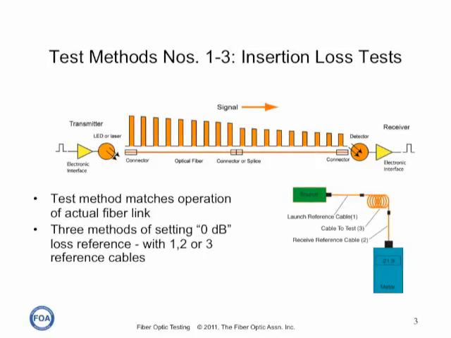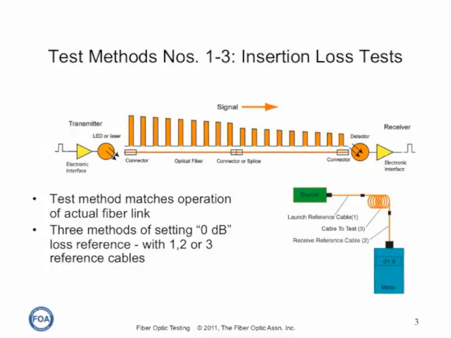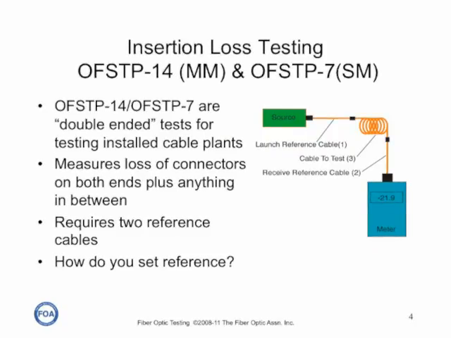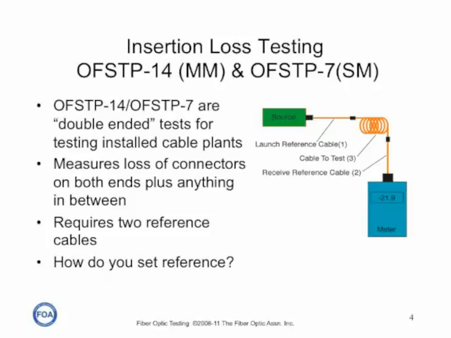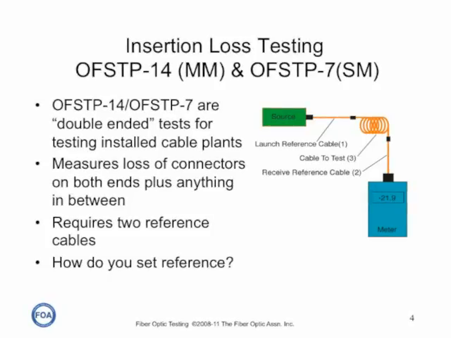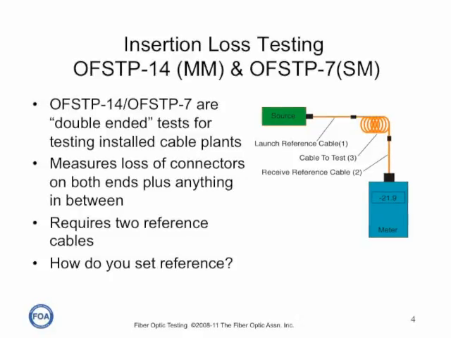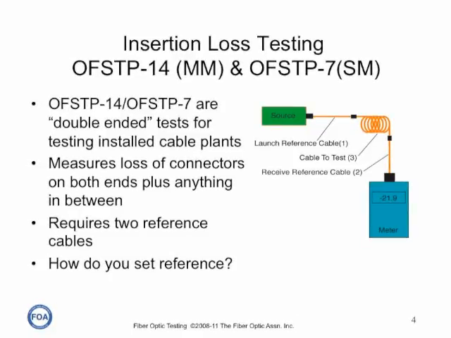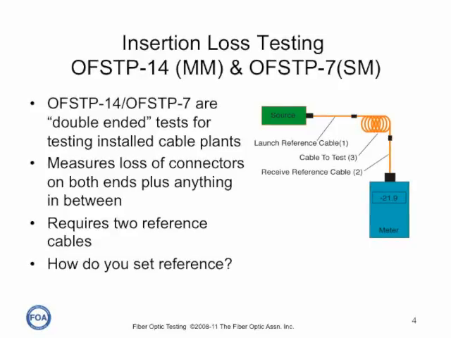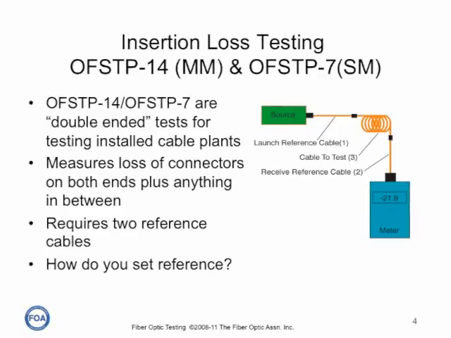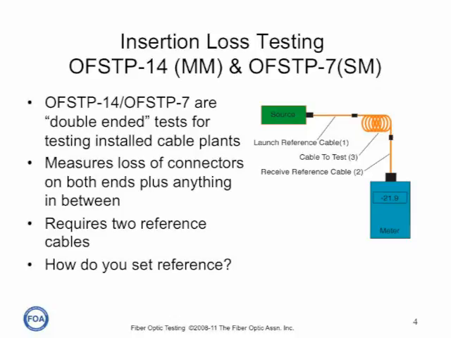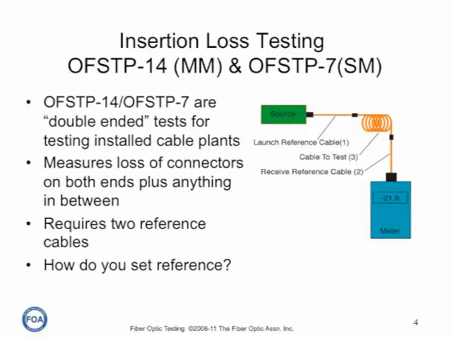All insertion loss tests work basically the same way, but the difference is how you set the reference for 0 dB. There are different standards for single-mode and multi-mode fiber, but the methodology is basically the same. We call this insertion loss test a double-ended test because we attach a source with a launch cable to one end of the cable plant and a meter with a receive cable to the far end.